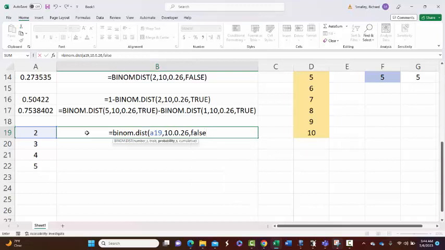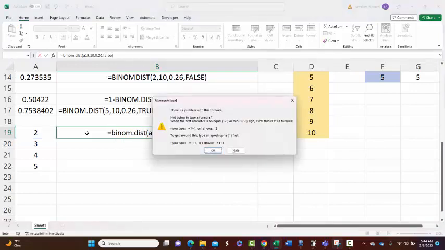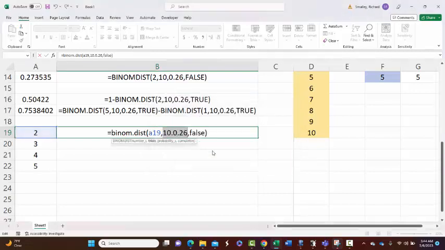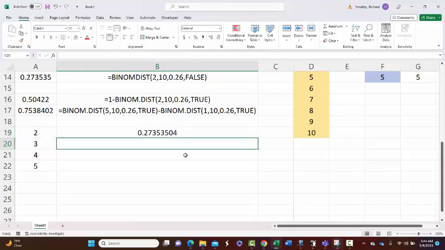And if this goes the way I hope it goes, Excel did not like it. Oh, that's a typo there. Stupid comma. Okay, maybe it'll like it now. Hey, okay, that was it. I just had an extra comma.